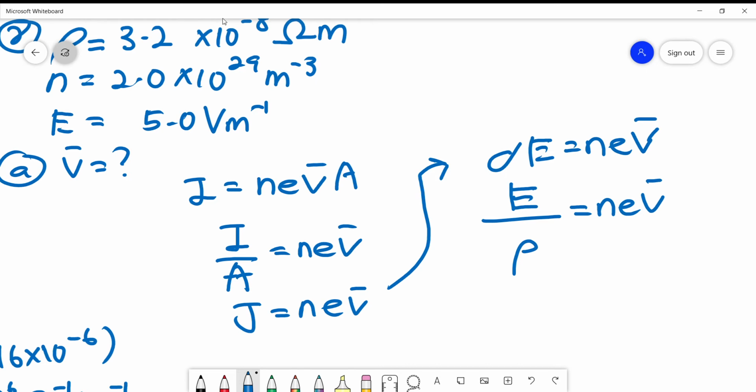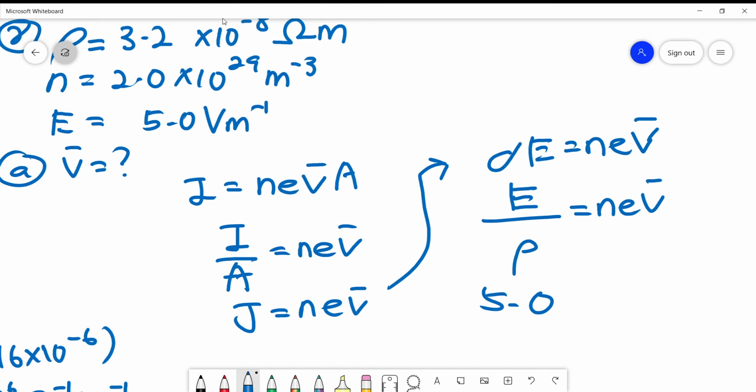Let me check whether the variables that exist in this formula are in the information we have. We have E here, we have the resistivity, we have the electron density, and the electron charge is a constant, so we can find the drift velocity. We have all the information we need, and we can calculate it.